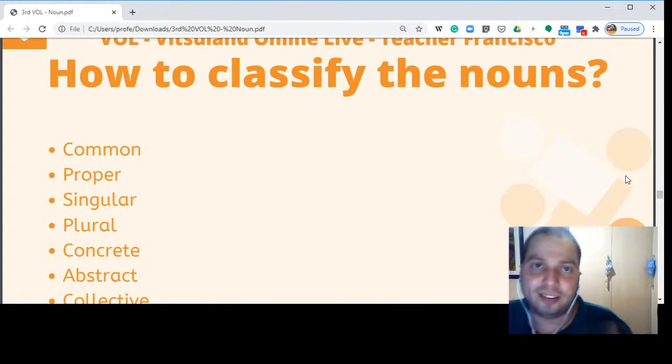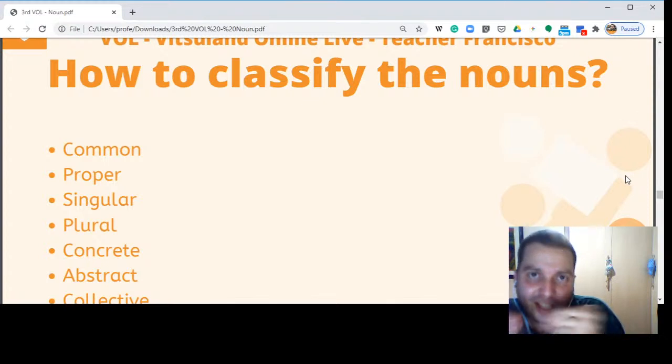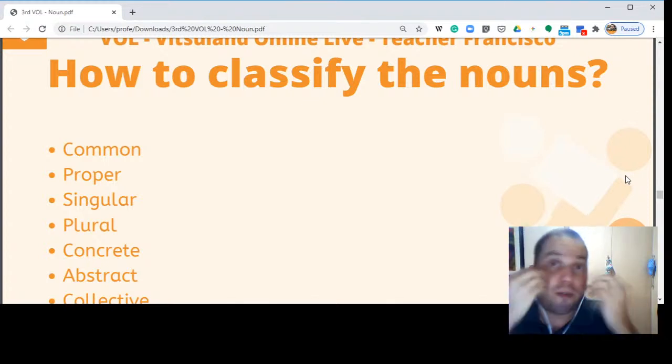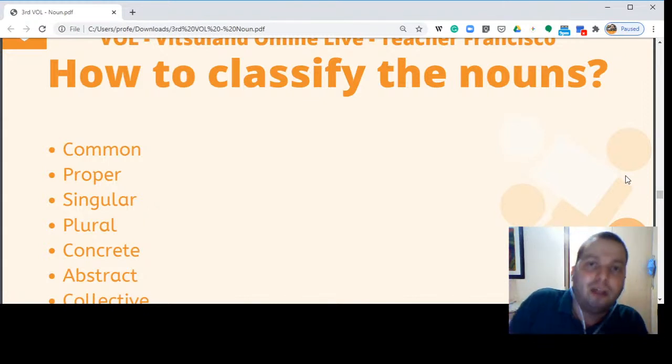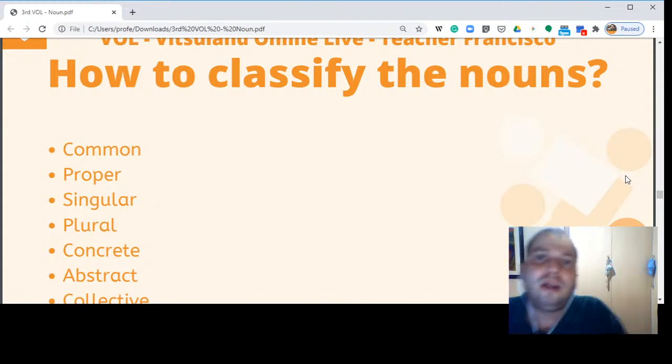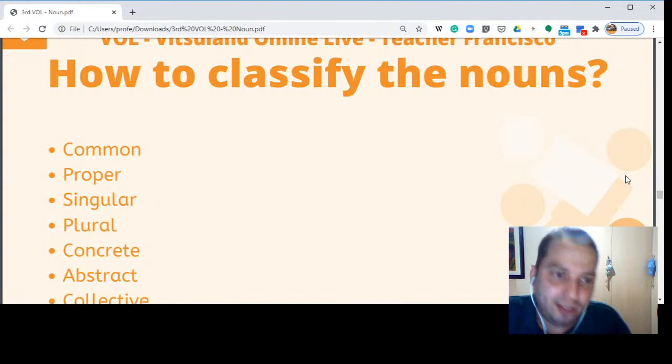These are abstract. So with concrete, we can touch, feel, see, and interact. And with abstract, of course, you cannot. You can also interact with an abstract noun, but in this case, let's just consider these.